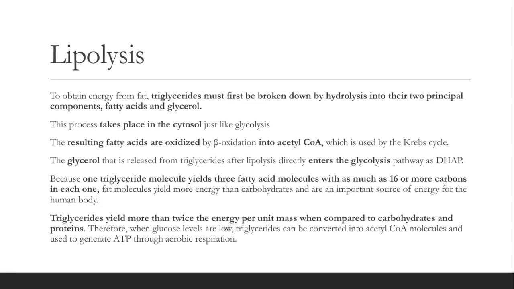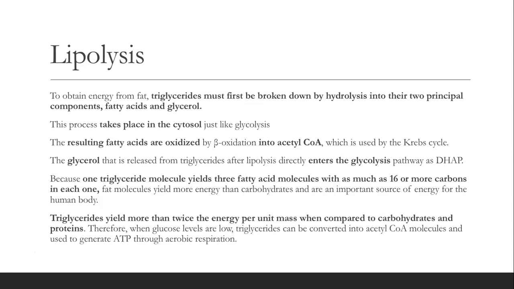The resulting fatty acids are then oxidized by beta oxidation into, what do we know, acetyl coenzyme A. What do we know about acetyl coenzyme A? It's the very first thing that joins up with the 4-carbon molecule oxaloacetate and makes citric acid in the Krebs cycle. The glycerol that's released from the triglycerides actually enters glycolysis as DHAP, which, if you remember, is just a 3-carbon molecule that has to be changed a little bit before it could become G3P.